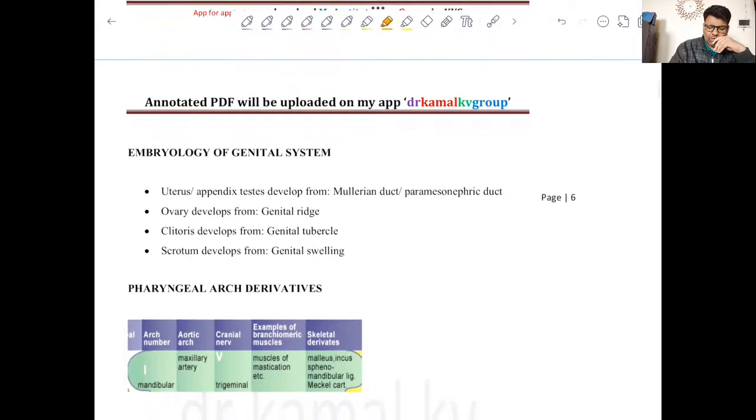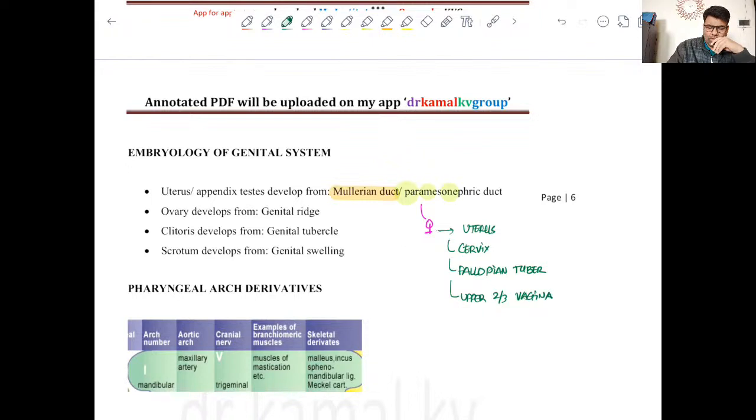Then there is one important duct, that is Mullerian duct, which is also known as paramesonephric duct. Now this is very important in females, and it forms uterus, cervix, fallopian tubes, and upper 2/3 of vagina.